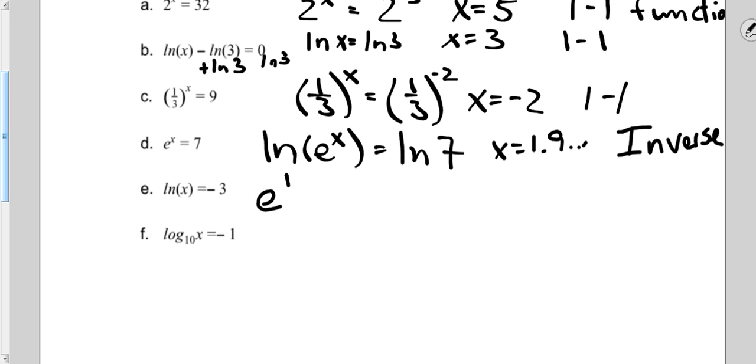I'm going to take e to the natural log of x. And then I have to do the same thing on the other side, e to the -3rd power. Because these are inverse functions, now I get x on this side, right? And what do I get on the other side? Again, calculator practice.